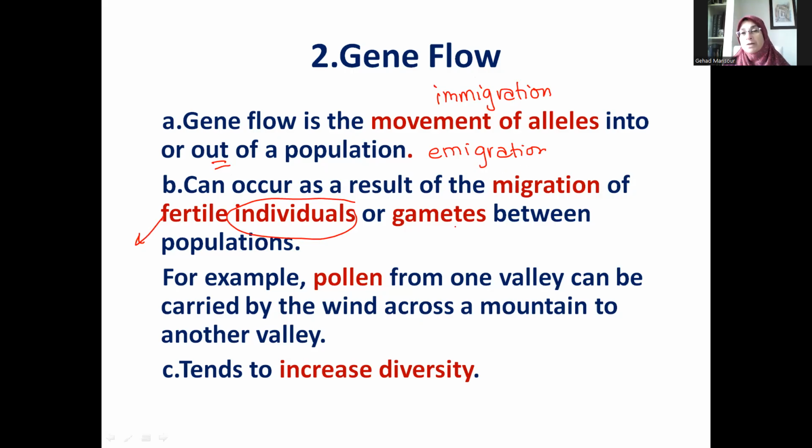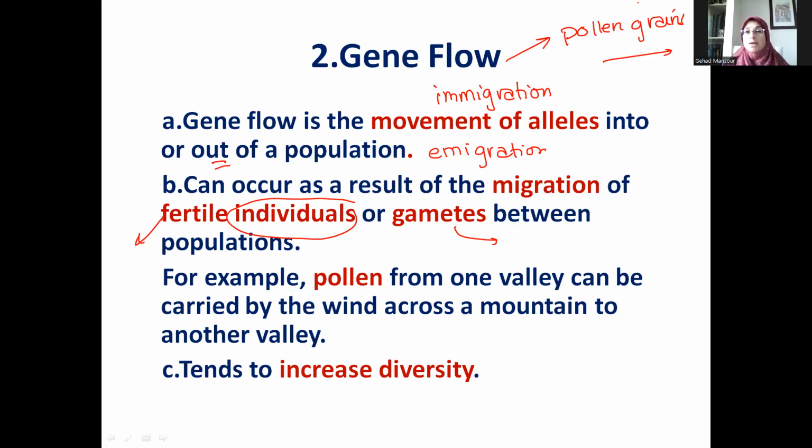But we might have migration or flow of gametes. So usually, gene flow is the transfer of individuals with their gene pool inside, or transfer of gametes. But you needn't have the whole individual, just like pollen grains, for example. Pollen grains may be carried by air to distant areas.